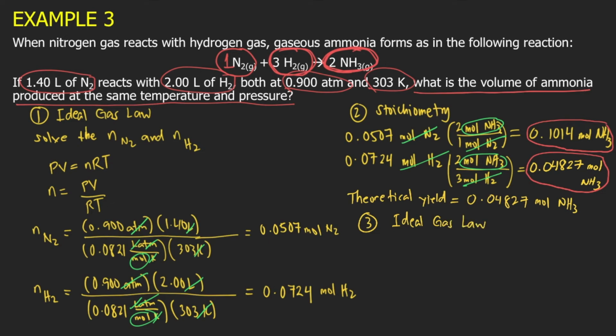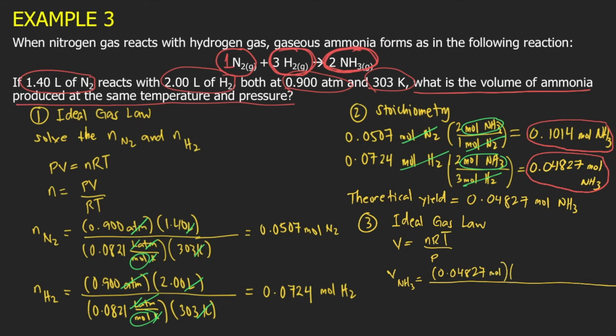If we rearrange the ideal gas law to solve for volume, volume is equal to nRT divided by P. So the volume of NH3 is equal to the moles of NH3, that is the theoretical yield, 0.04827 moles.